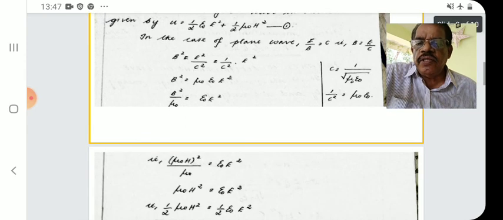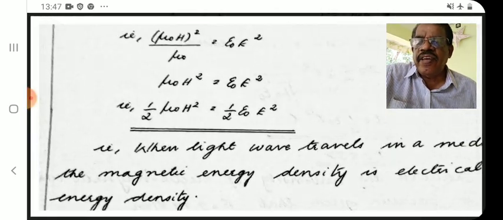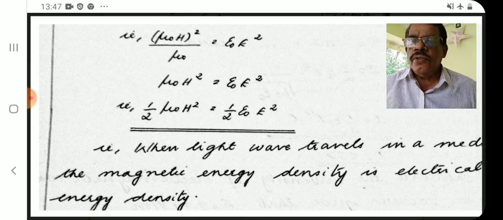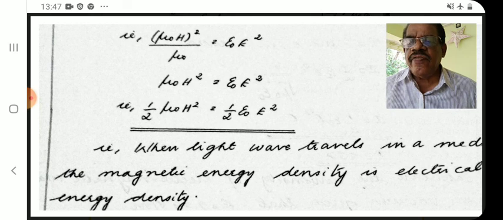Again, we convert that into the H field. We can write the magnetic energy in terms of the H field or B field. Converting B into H by the relation B is mu 0 H, we get mu 0 H whole square by mu 0 is equal to epsilon 0 E square. Squaring and cancelling one mu 0, mu 0 H square is equal to epsilon 0 E square.